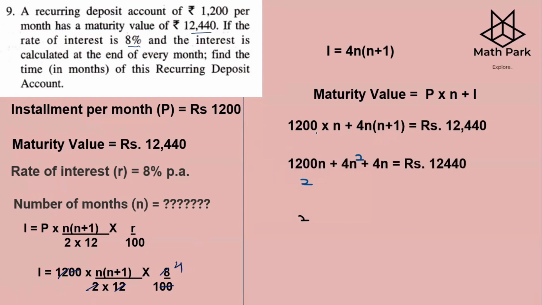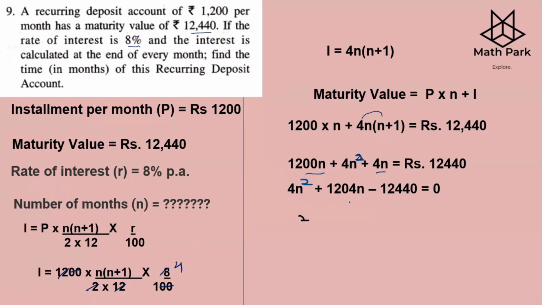So we have 1200 times N is 1200N, 4N into N is 4N square, and 4N into 1 is 4N is equal to rupees 12,440. So let us add 1200N plus 4N is going to be 1,204N, adding these two like terms. So we get an equation 4N square plus 1,204N minus, bringing this to the other side, we get a quadratic equation.